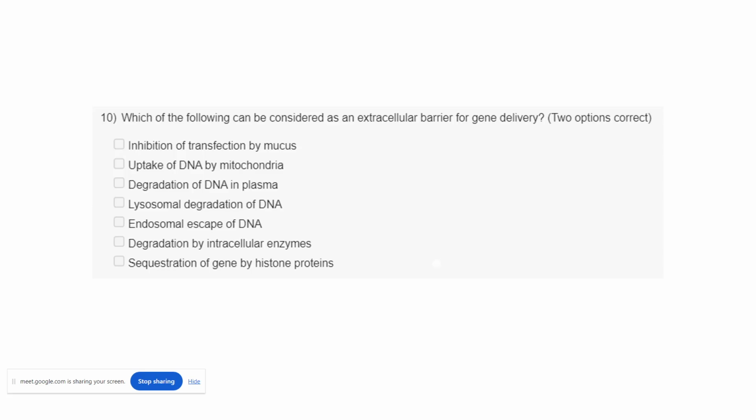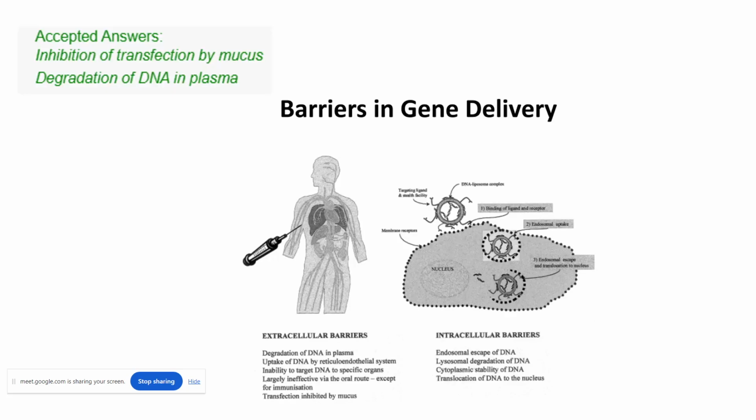Option 2 and 3. Okay. So the correct answer would be option 1 and 3.